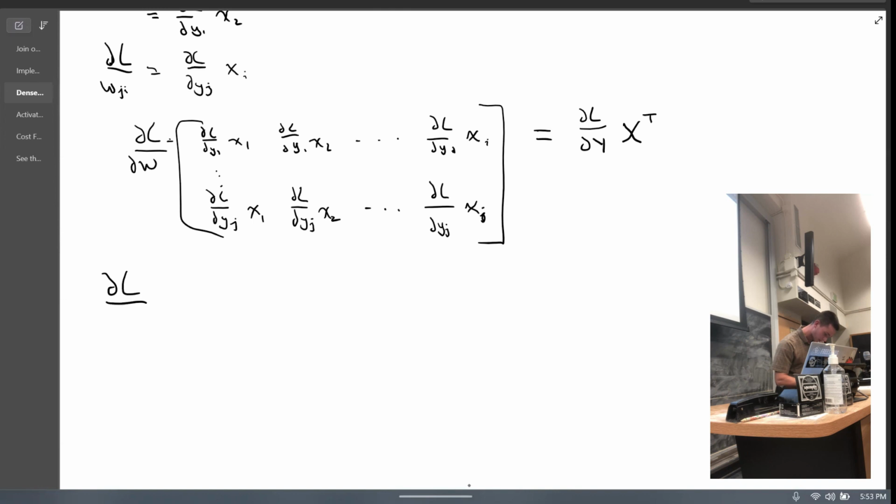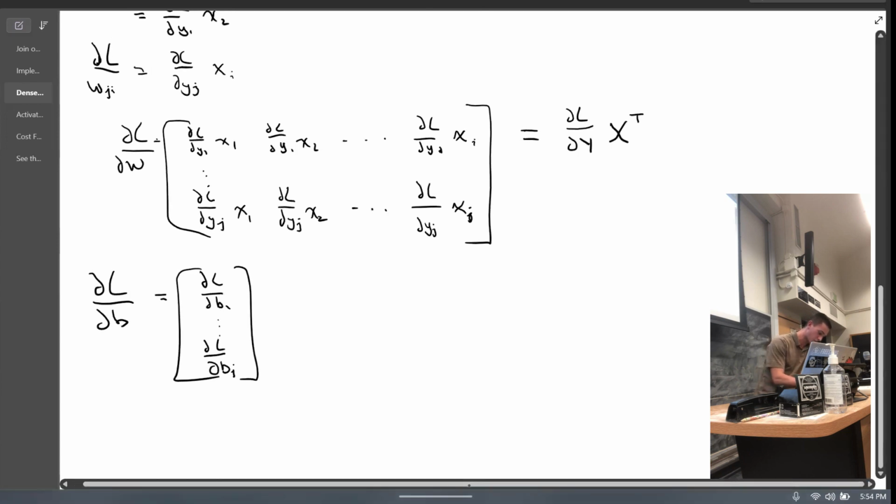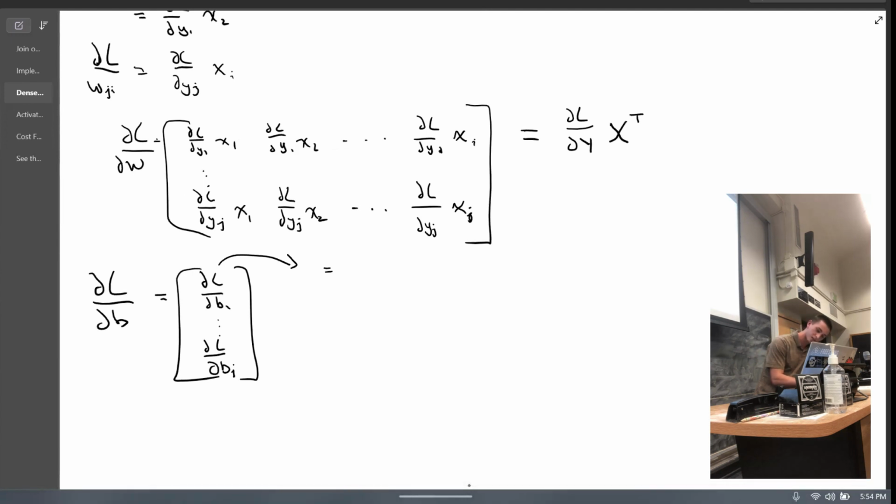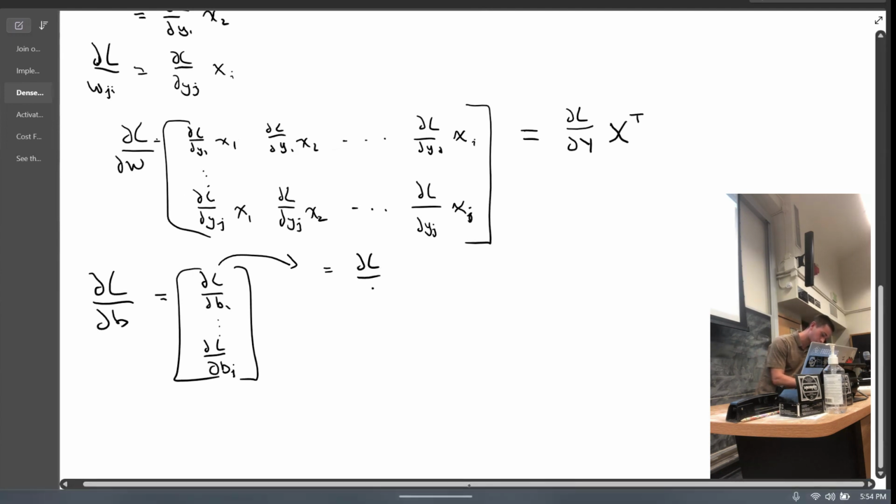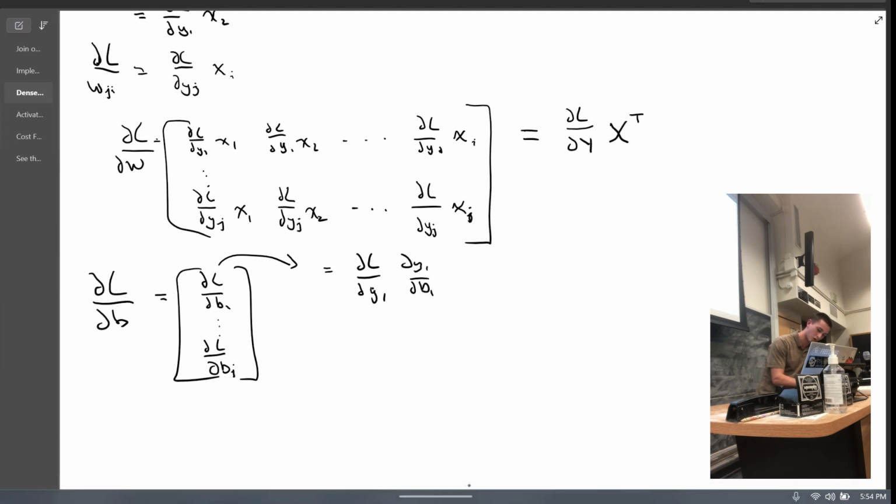Similarly, we want to find the derivative with respect to the biases. If this vector is given by this, consider we just want to find partial C with respect to B1. Well, that's just equal to partial C, partial Y1, using the chain rule again, partial B1.